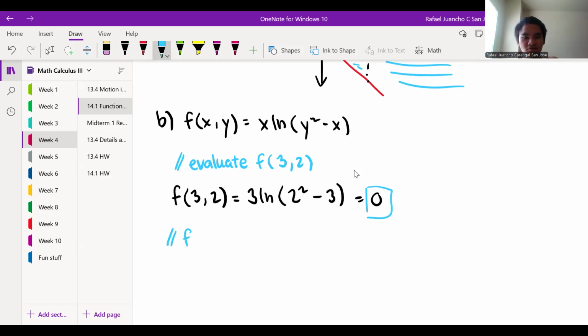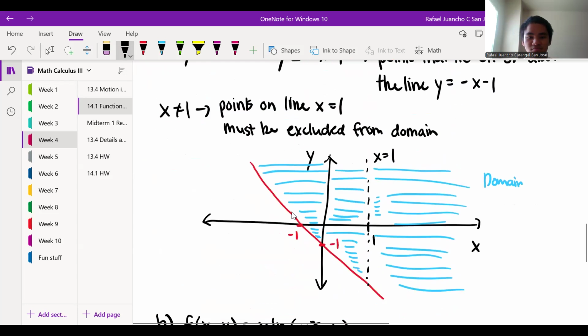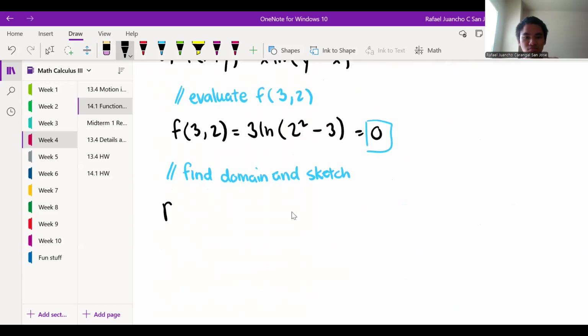Next, I find the domain and I sketch it. So my domain here, well, basically this thing inside my natural log, that's my only restriction.